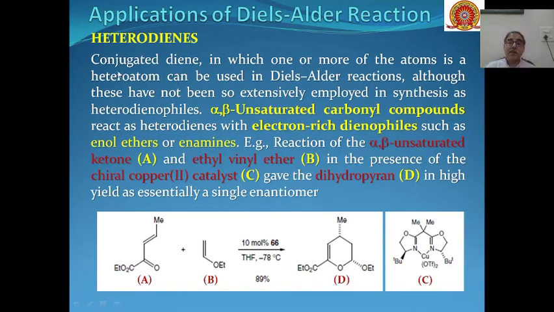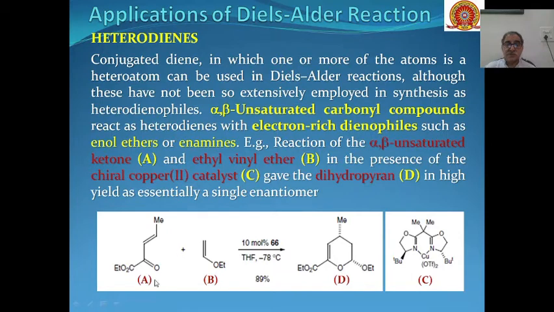The conjugated dienes in which one or more of the atoms is a heteroatom can also be used in the Diels-Alder reaction, although these have not been so extensively employed as the heterodienophiles. The alpha, beta-unsaturated carbonyl compounds react as heterodienes.